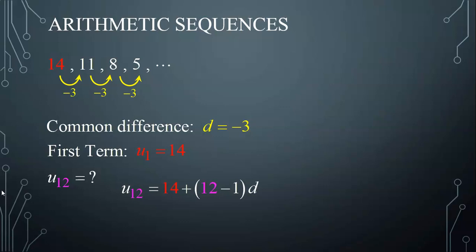The first term U1 is 14, so I replace U1 by 14, and D being -3, I replace D by -3. Then U12 in that case is equal to 19. So the 12th term of this arithmetic sequence is in fact equal to 19.